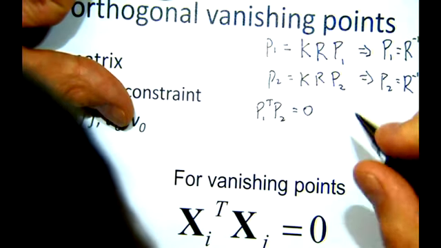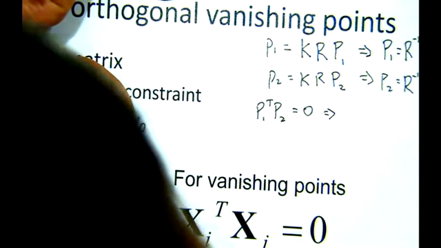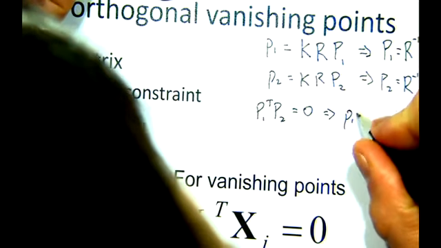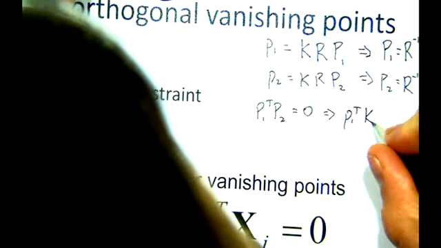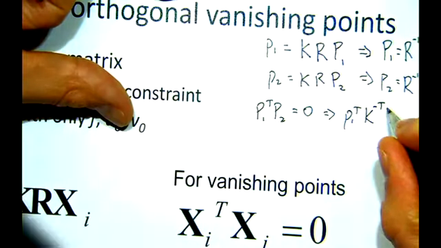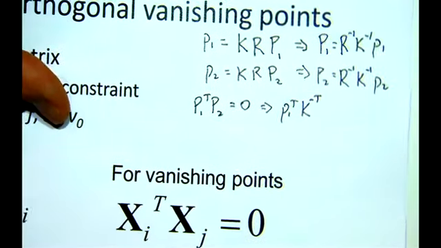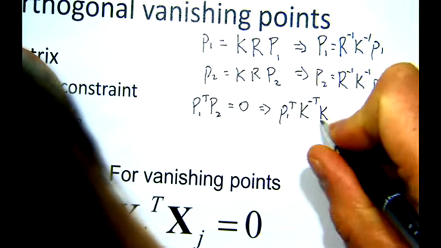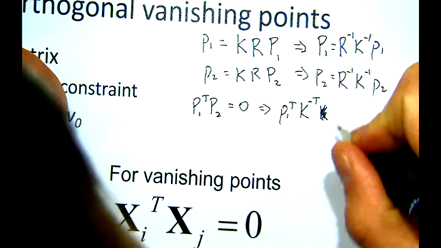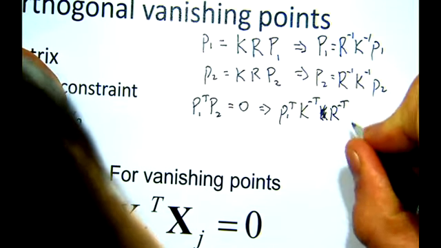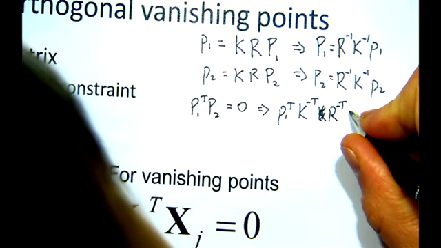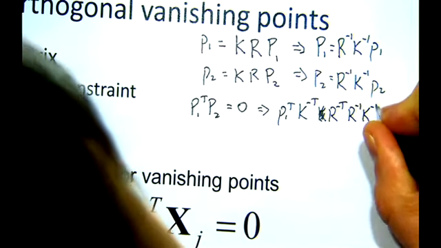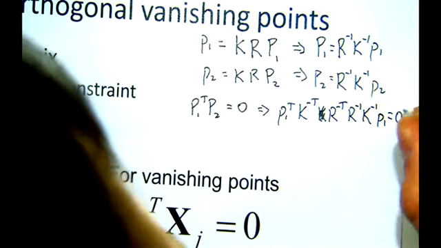And so this gives me little p1 transpose, K inverse transpose, R inverse transpose, R inverse, K inverse, little p2 equals 0. I'm using minus T as inverse transpose.